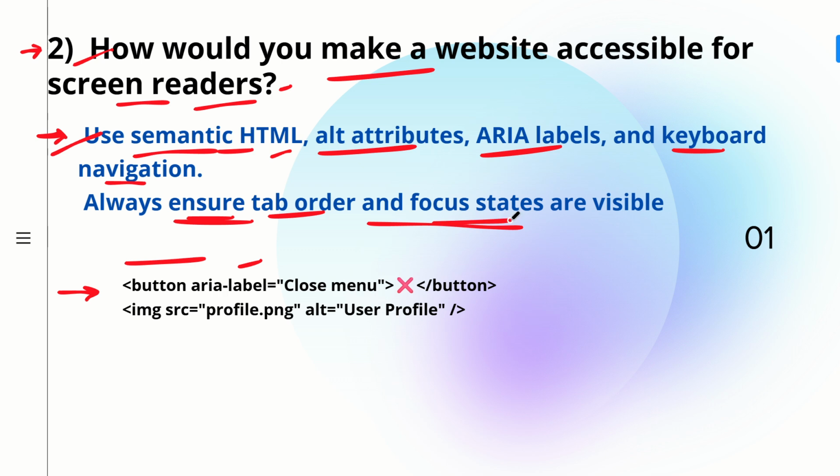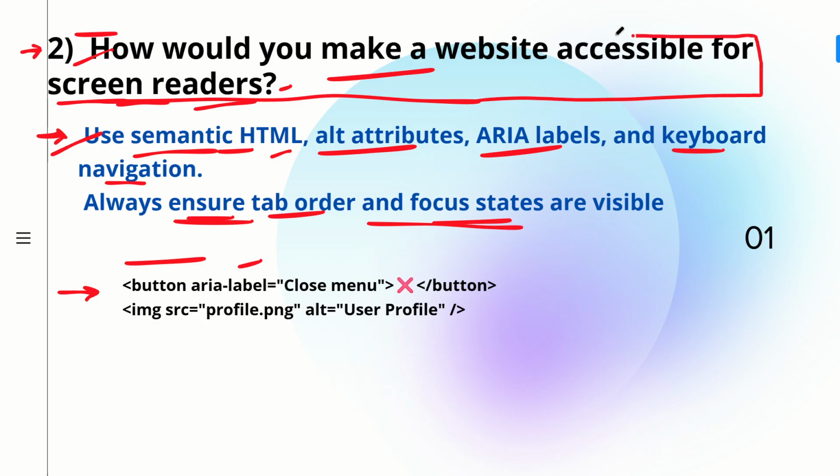Also, focus states should be visible. In case someone is having some slight issue with the eyes and is not able to see well, your focus should be visible. So what is focus? For example, your tabbing is here, you first pressed tab, and the tab has come to this question. It is good that your screen reader is reading this entire question, but there should also be a highlight, so that it is easier for them to understand which part of our application we are at, what we are seeing, and what is being read.